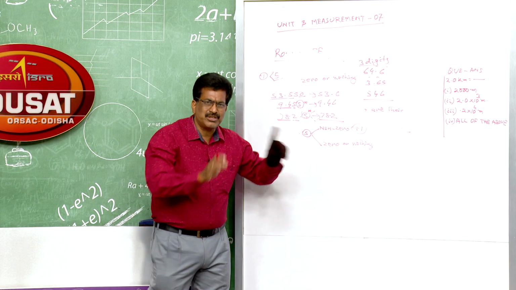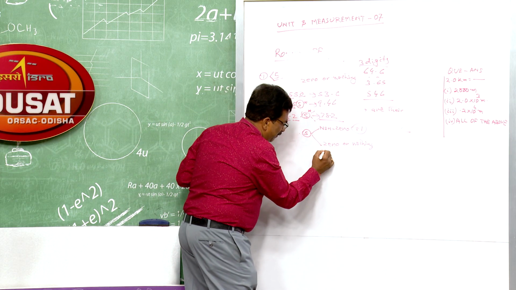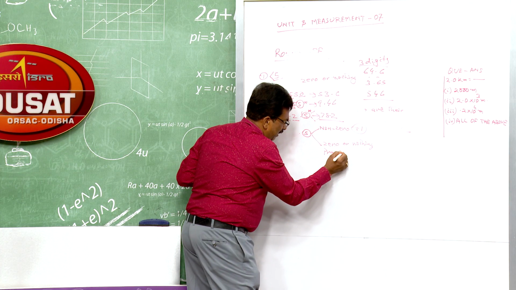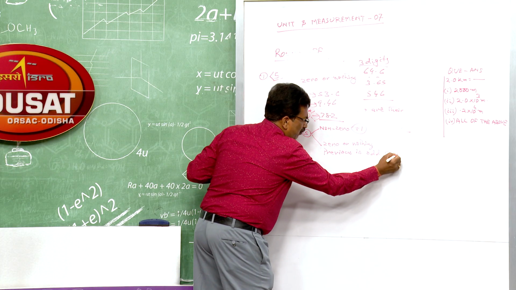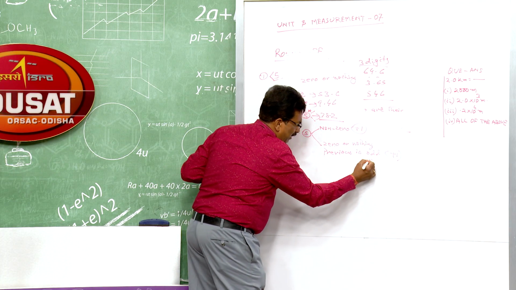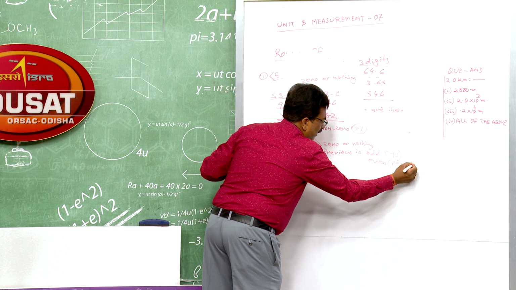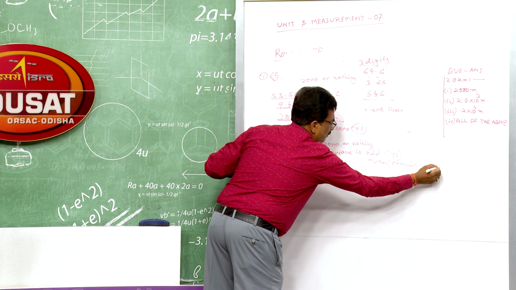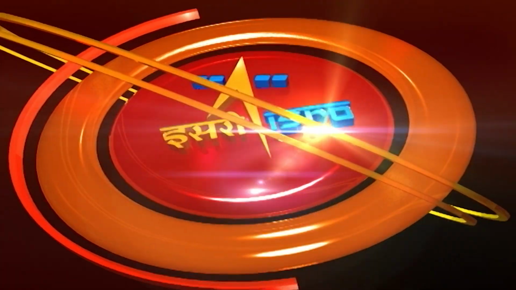If it is 0 or nothing, there are 2 cases. If the previous is odd, then you have to add 1. If the previous is even, remain as such. These 2 you have to remember very clearly.